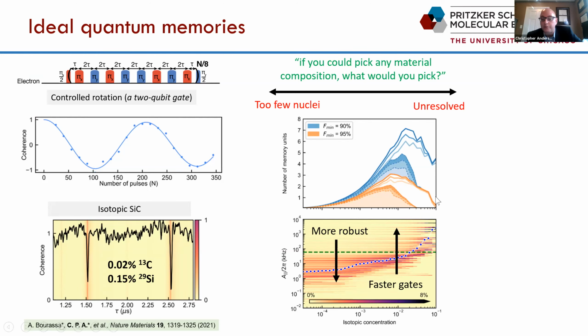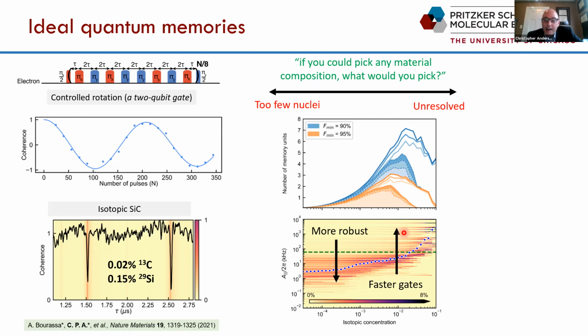It becomes hard to address nuclear spins. But if I have too few nuclei, then there are no quantum memories to play with. So we talked to our theory friends and came up with a model to explore this trade-off. It turns out that there is basically a right answer, which in this case is around 0.5%, or a few tenths of a percent, where you've maximized the number of quantum memories that you can control in this way.